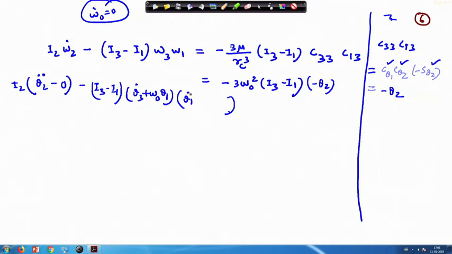On the right hand side, this term we just have to rewrite, theta 2, and this minus sign makes it plus. So, we put a plus sign here in this place.